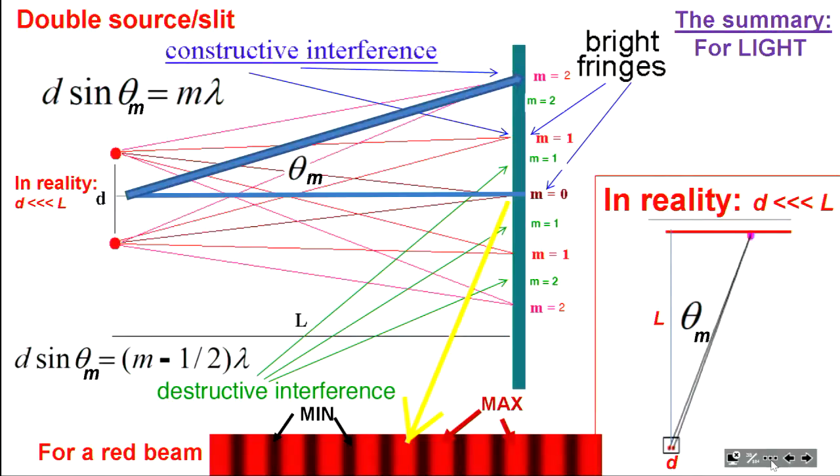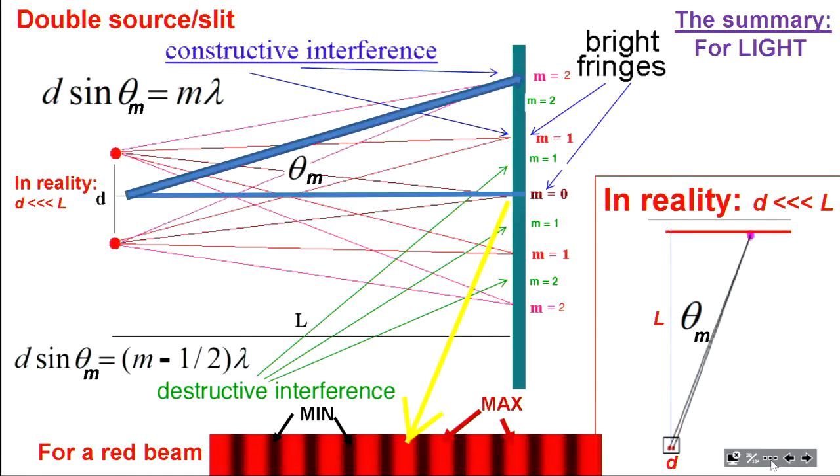How do we call them? The one in the middle we call central. And then to the right and to the left of the central maximum, we observe the first and the second. But there is no such thing as a central minimum. This place is taken by the bright spot.